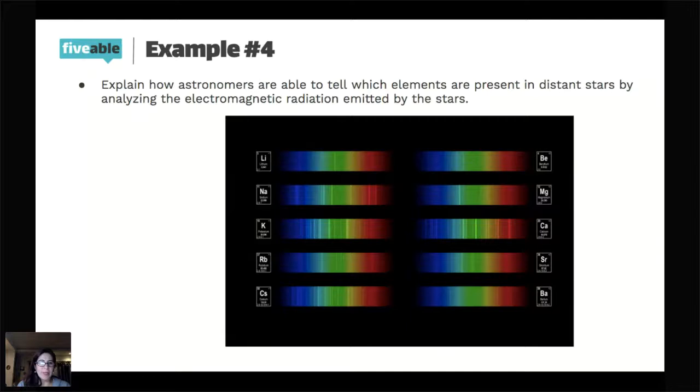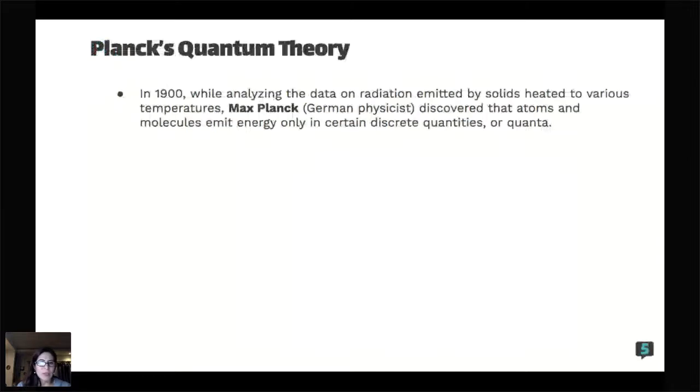We're going to explain a little bit about Planck's quantum theory. In the 1900s, while Max Planck was analyzing data on radiation emitted by solids heated to various temperatures, he discovered that atoms and molecules emit energy only in certain discrete quantities, also called quanta.